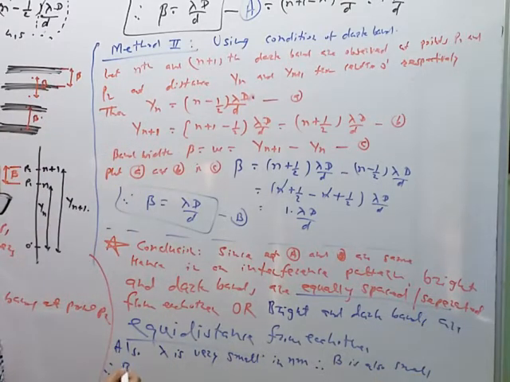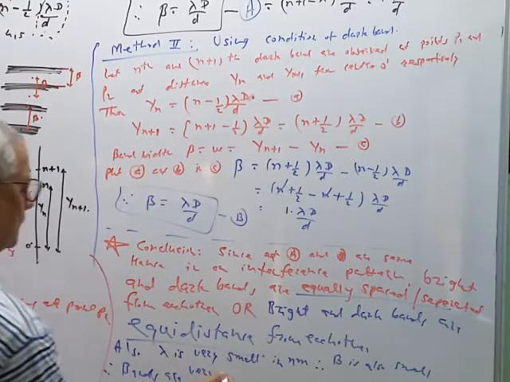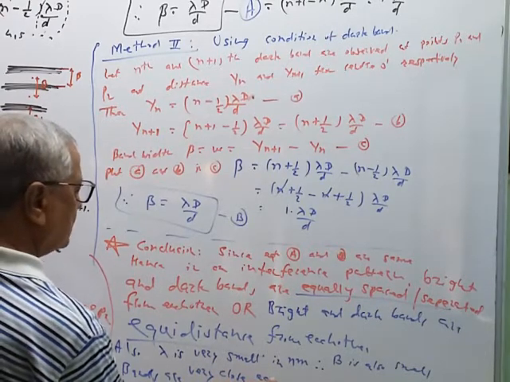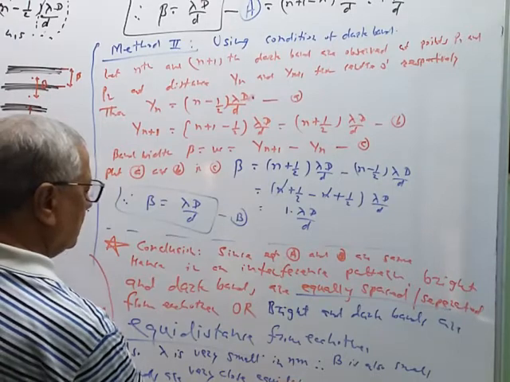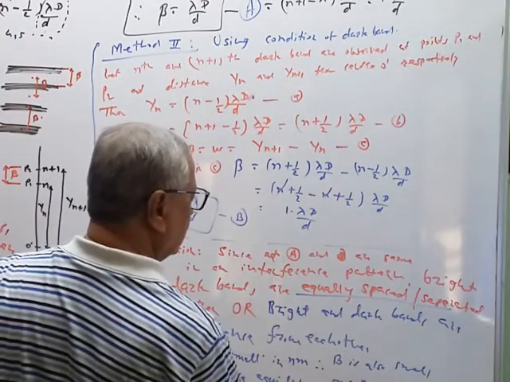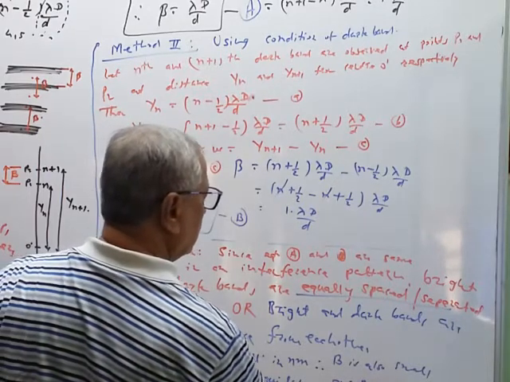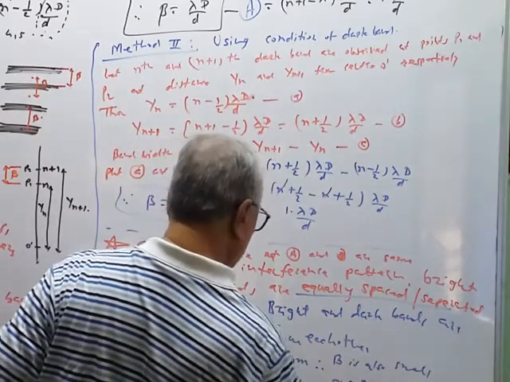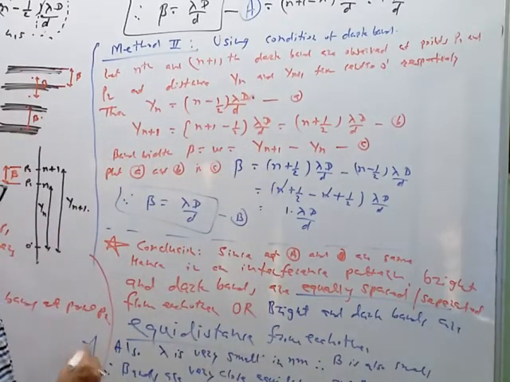Therefore bands are very close, equidistant, and parallel to each other.